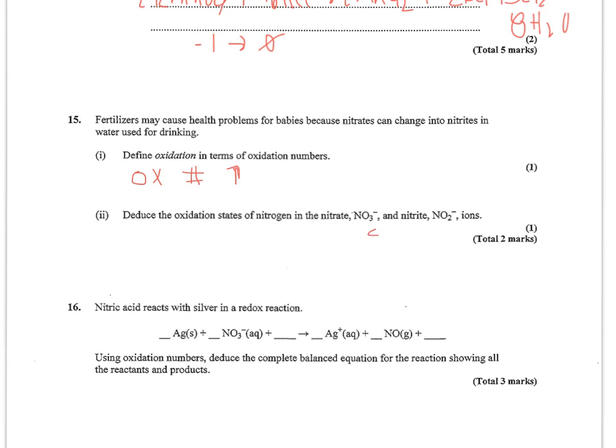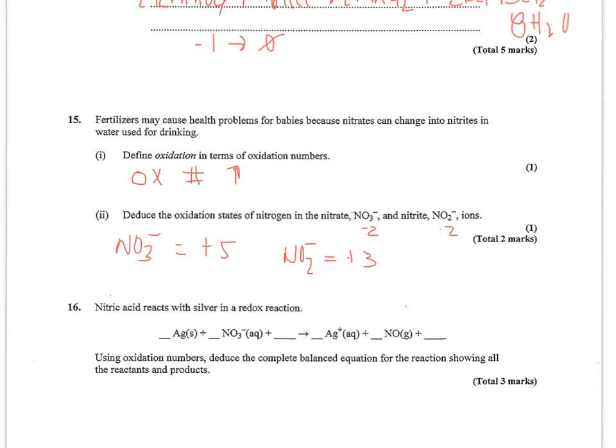Well, in each case, oxygen is going to have its -2 charge. The ion is going to have a -1 charge. So in nitrate, it has a +5 charge, but in nitrite, it has a +3 charge.